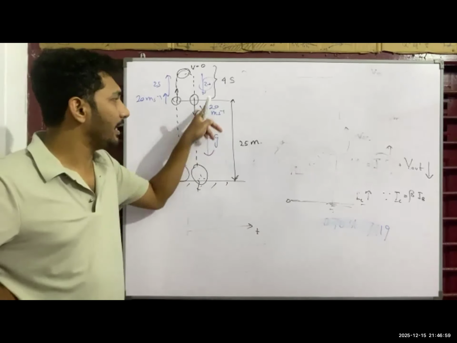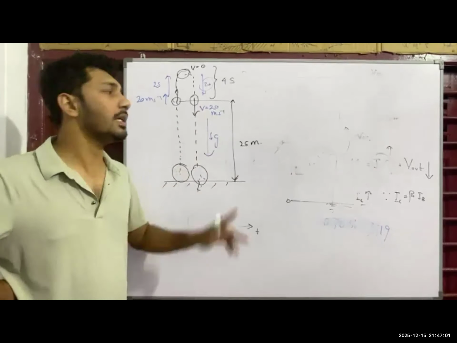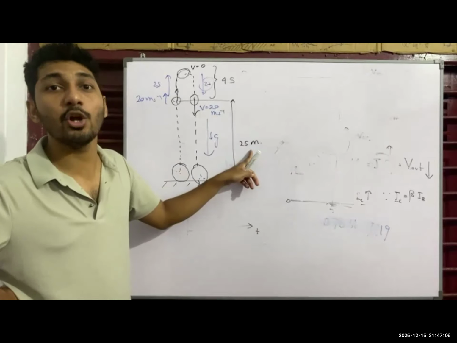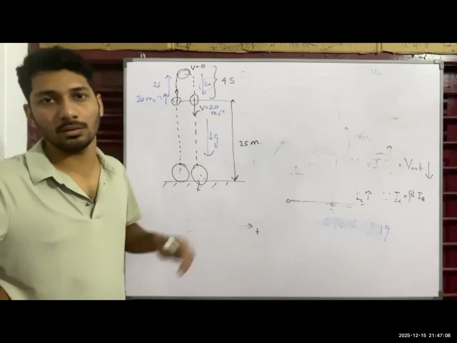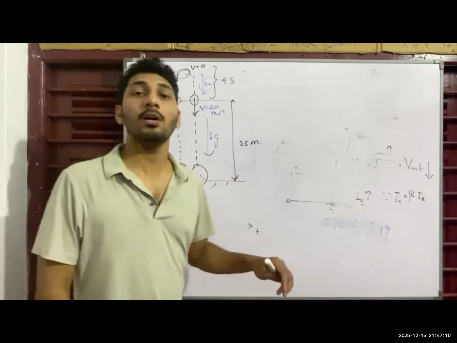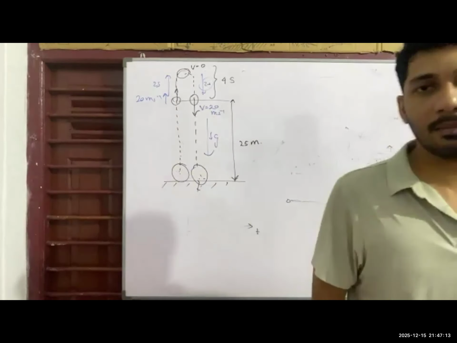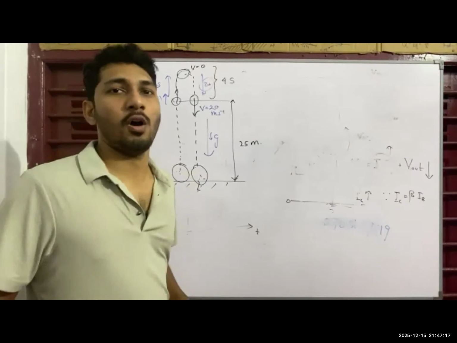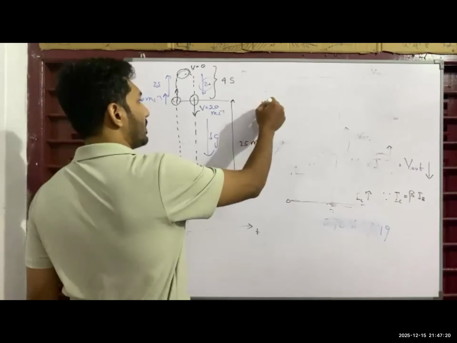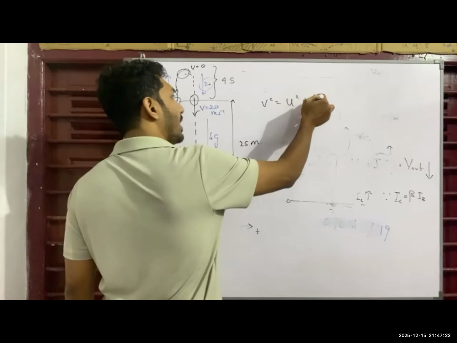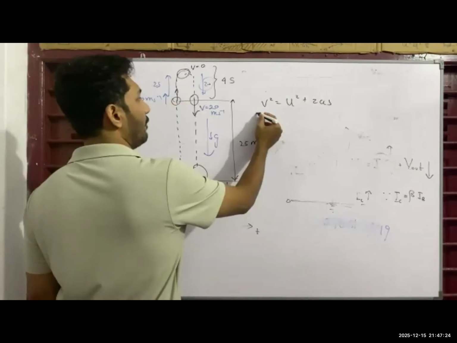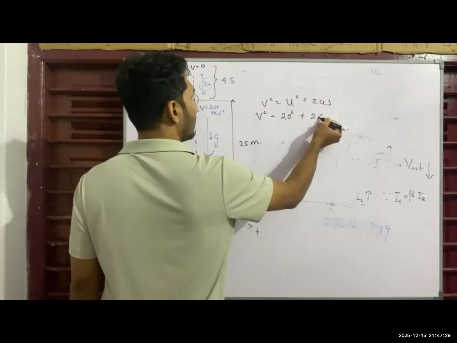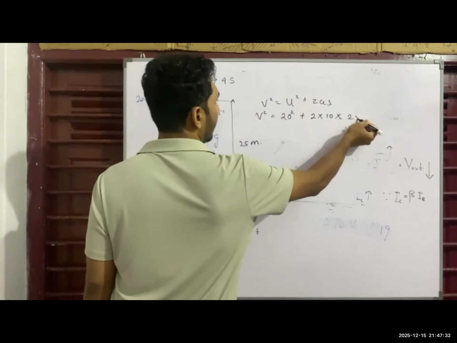So from here to here, the initial velocity is 20, known. Distance is 25, known. Acceleration is known. You have to find the final velocity. What is the equation? v squared is equal to u squared plus 2as, right? v squared is the question. u squared is 20 squared plus 2, a is 10, s is 25.